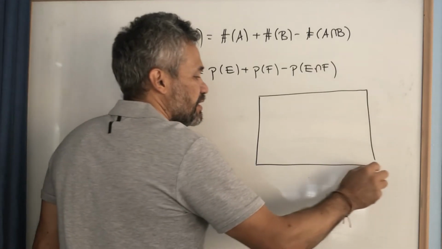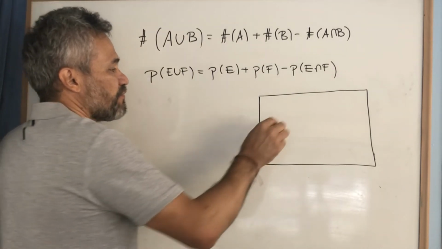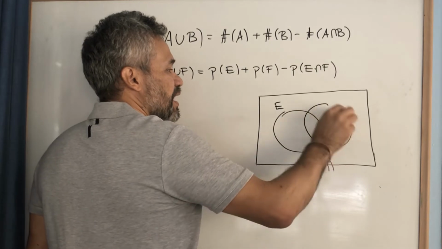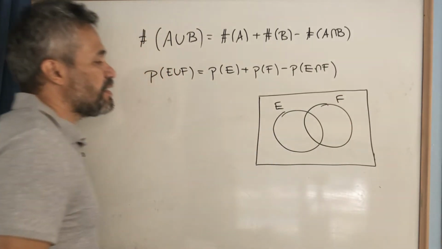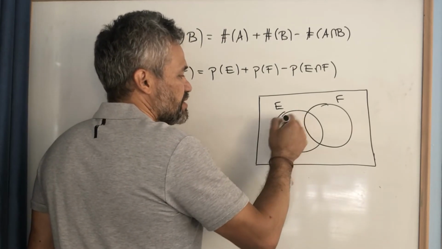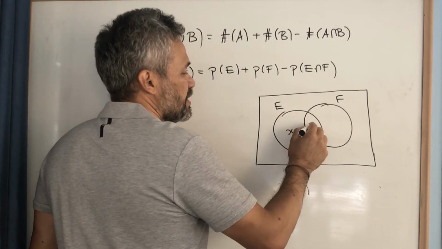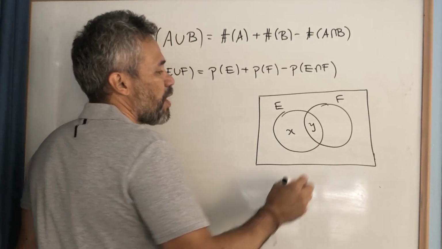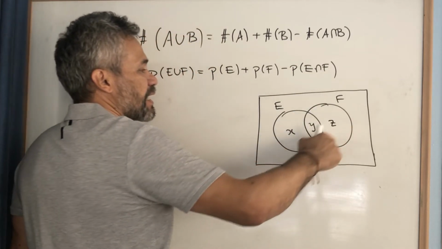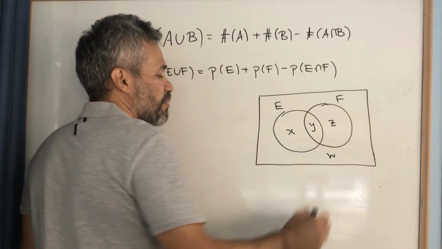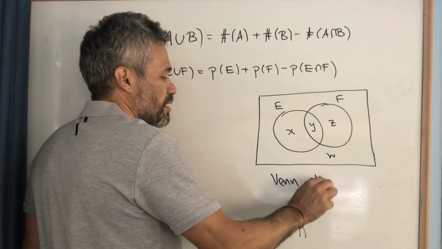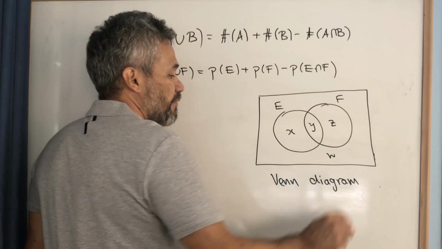In general, this diagram will be useful. If we have two events, let's say event E and event F, then we can think that elements in this region have a probability X, elements in this region have a probability Y, elements in this region have a probability C, and elements in this region have a probability W. This is called a Venn diagram.